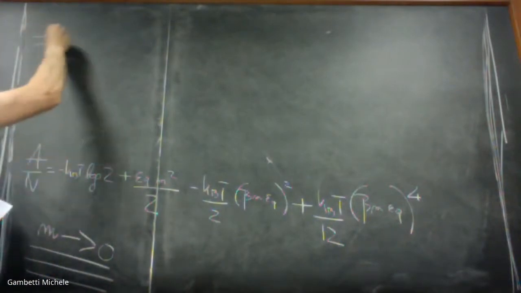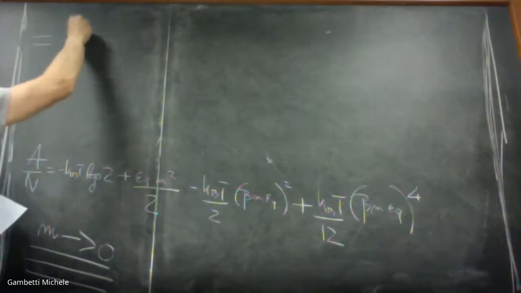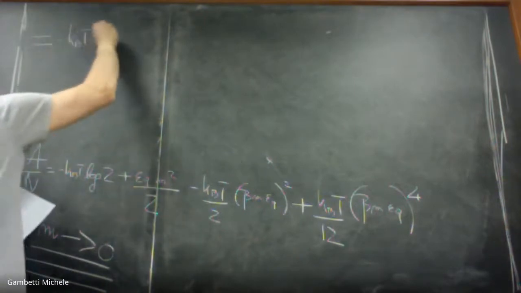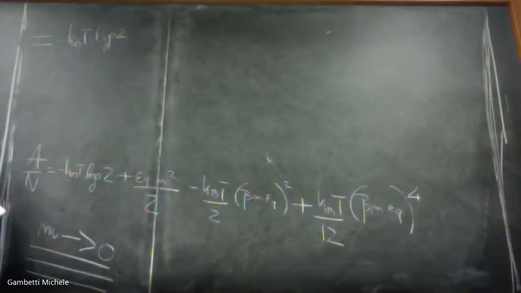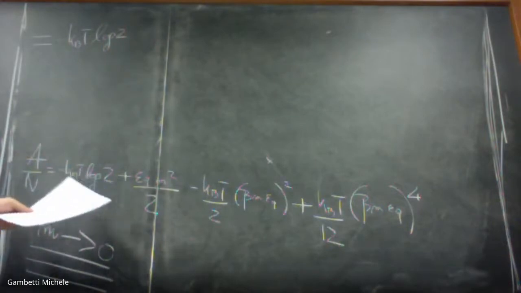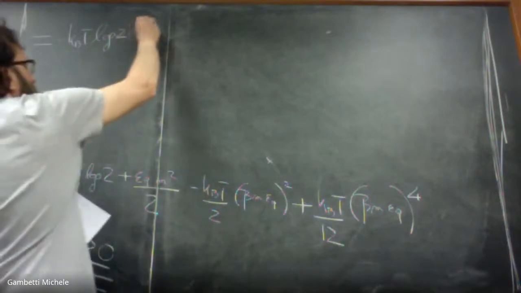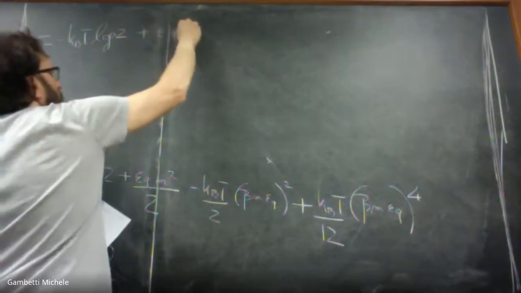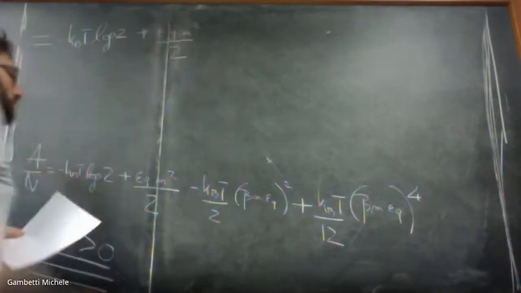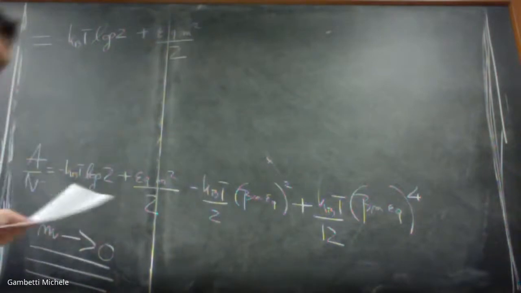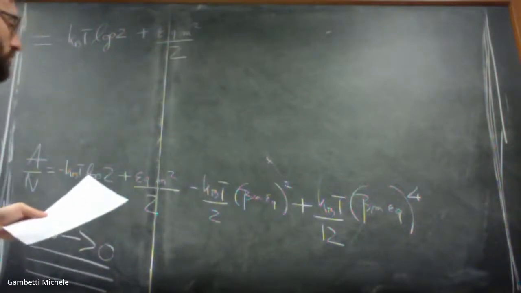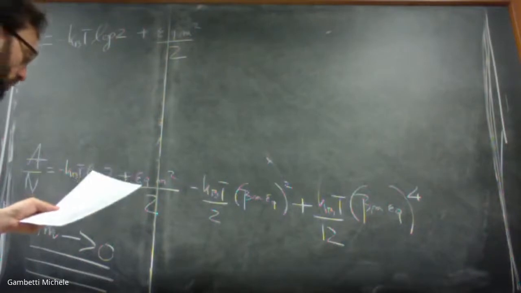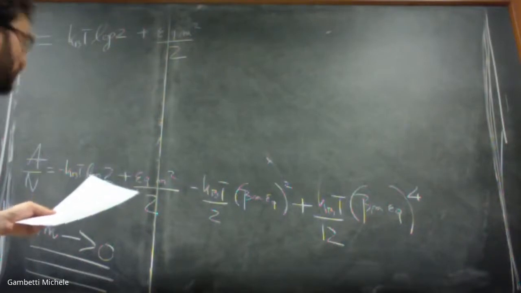So this is equal to minus k_B T log 2, this term here. Then I can collect here epsilon q m squared divided by 2.